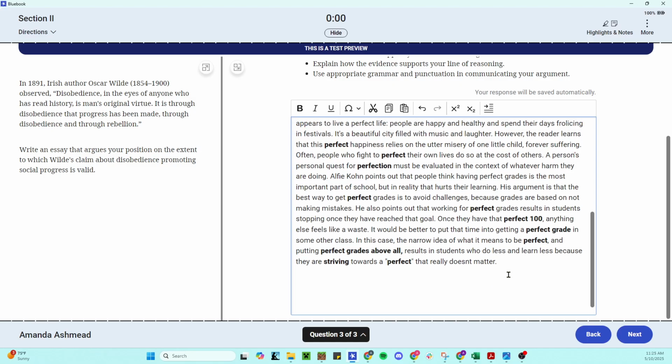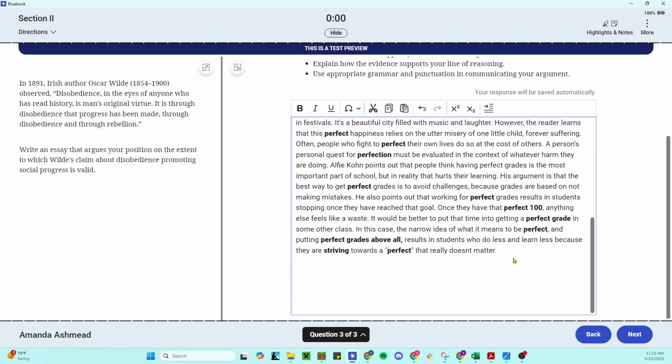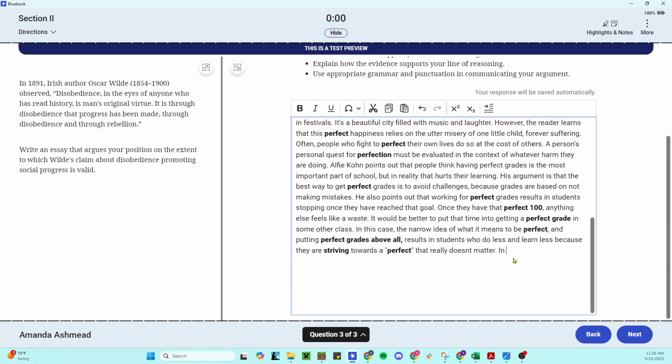Now we're going to come down here, and I still want to tie back if it's worth the cost they or others pay. I've got 2 examples, which honestly makes the tieback a lot easier to write. So I'm going to say something like, in these cases, the quest for perfection may have benefited... well, actually, the second group, it doesn't even benefit them.